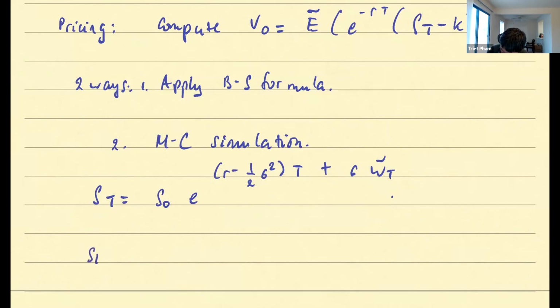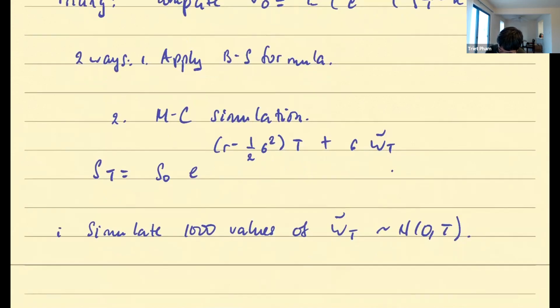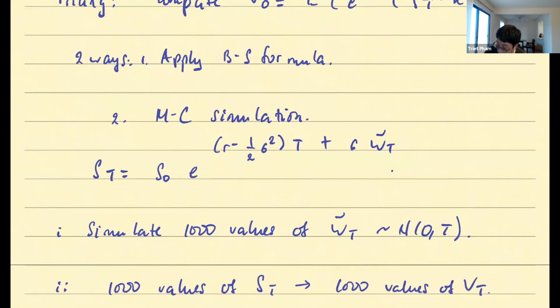So you simulate, let's say, 1,000 values of WT, which is basically normal with mean 0 and variance T. Then from there, you can get 1,000 values of ST, which gives you 1,000 values of VT.